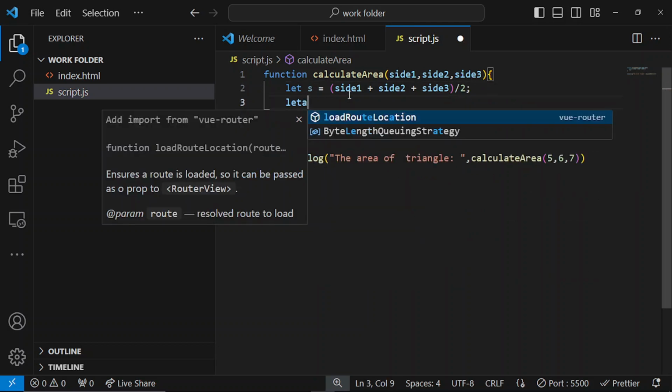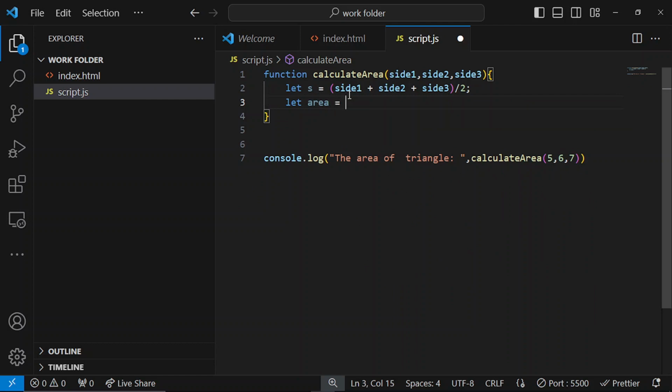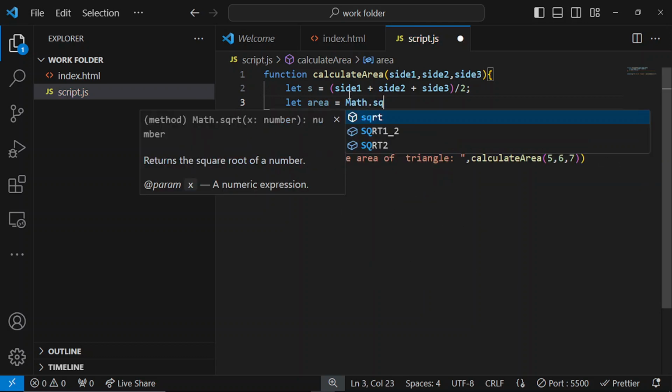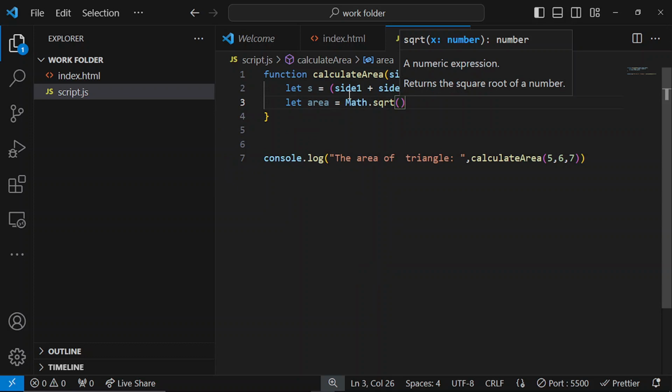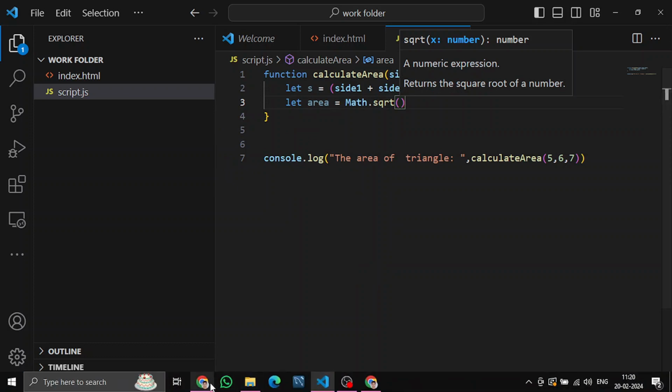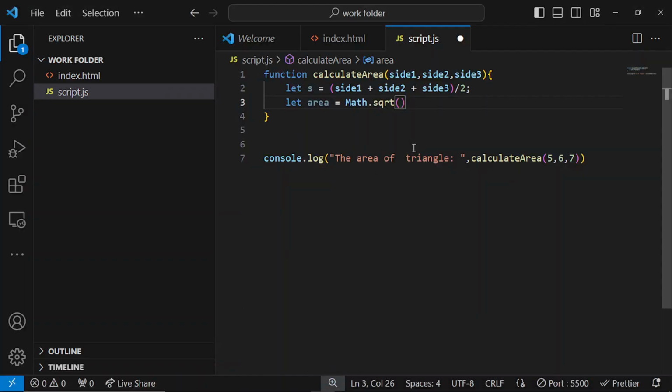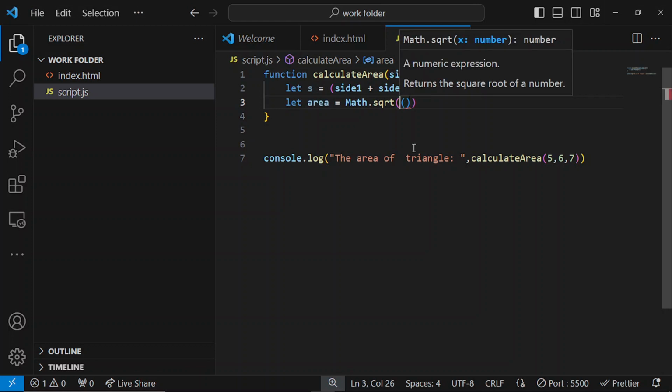And we can count the area with the help of Math.sqrt. I can find out the root, and in that you can see we have s multiplied by s minus a, s minus b and s minus c. So we can do that in this.